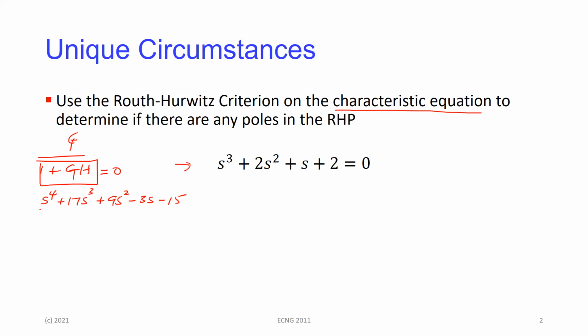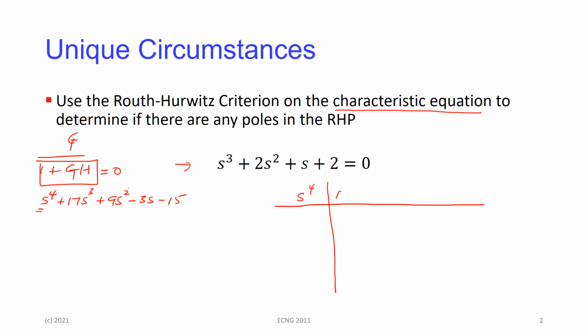You look at the highest order first and you draw a row, s to the power 4. And what you're going to do is put the coefficients of s to the power 4, which is 1.